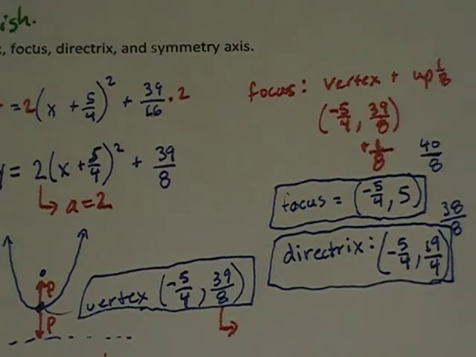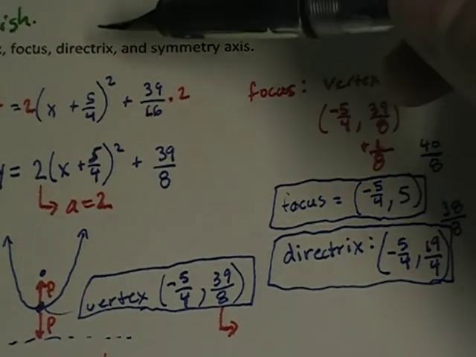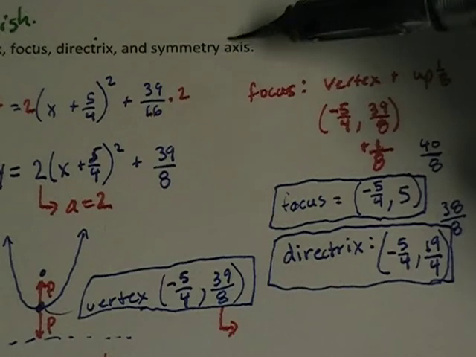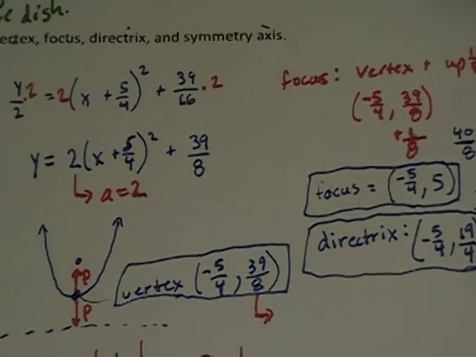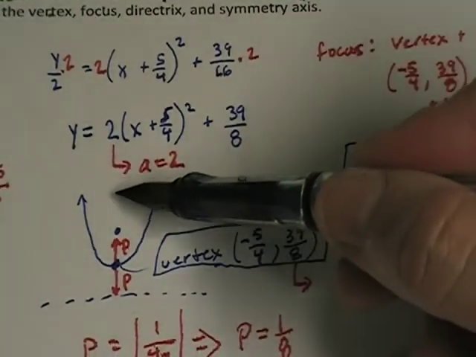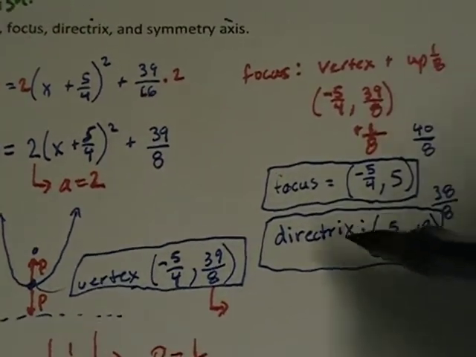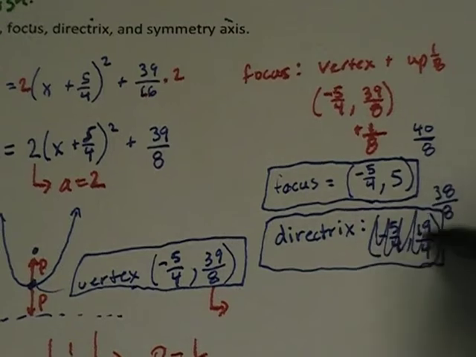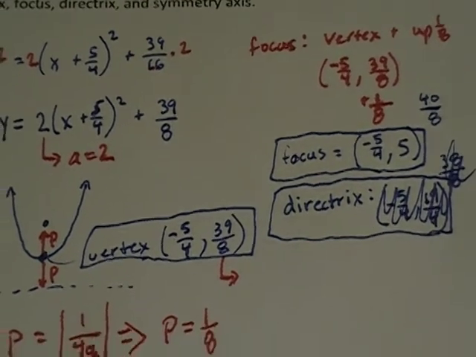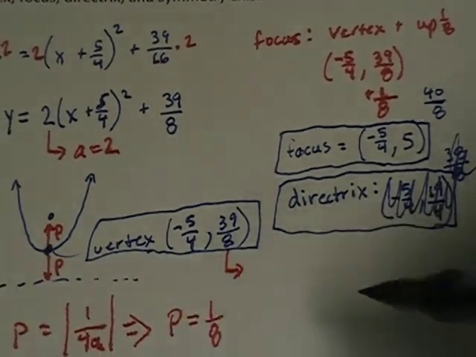The directrix. So we found the directrix. What's the last thing I asked for? The axis of symmetry. Well, sorry, the directrix is not a point. You can scratch that. The directrix is a line. It's a horizontal line.